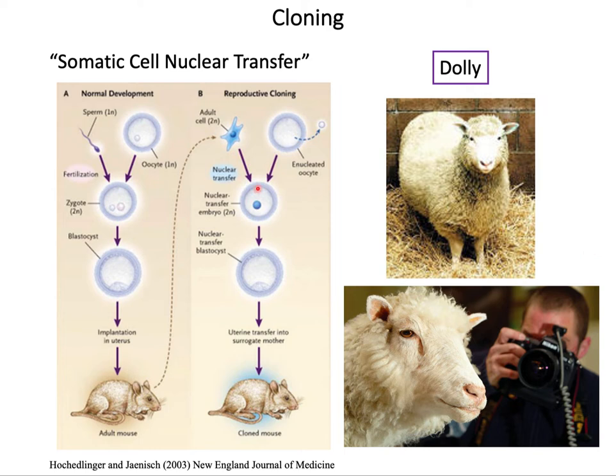Remember, normally the egg only has half the amount of genetic material. But the nucleus taken from an adult mammalian cell, a diploid organism, will have the complete set of chromosomes, and you insert this into an egg, and the egg can continue on its differentiation. Again, this was pioneered in frogs, but the first mammal that was cloned was this sheep, Dolly.